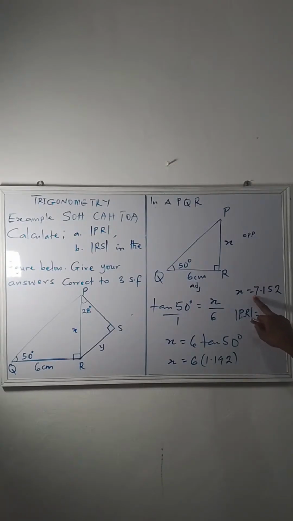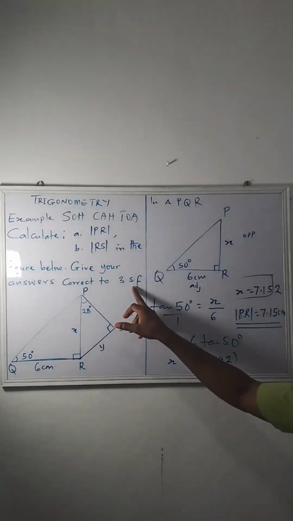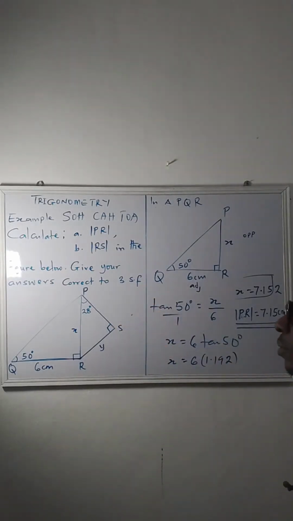So you count 1, 2, 3. Now since the last one is not up to 5, you just discard it. So you have 7.15 centimeters. So this is going to be the answer to the first part of the question. So PR is 7.15 centimeters to 3 significant figures.